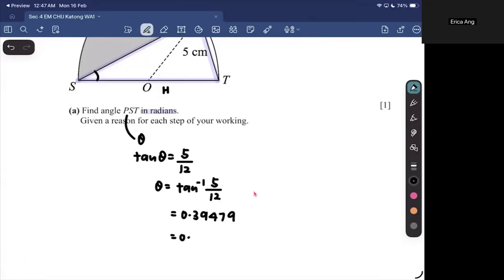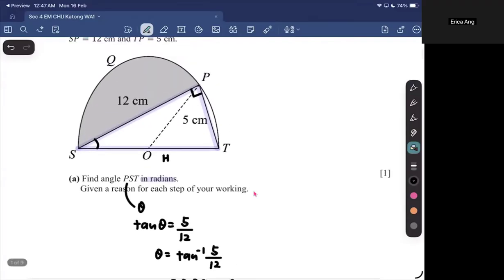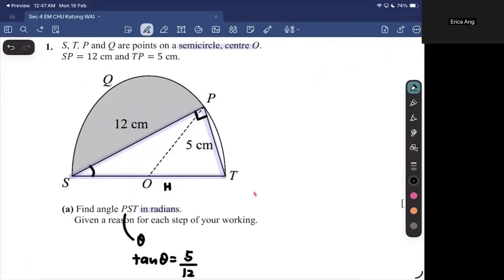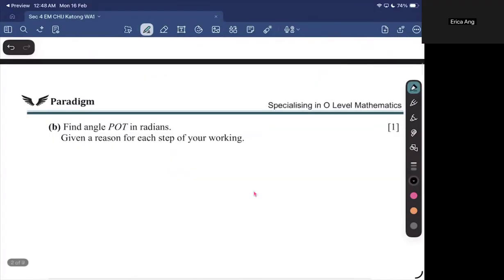Then this is 0.395, so this one will be three significant figure. The important thing is to put it inside here: 0.39479.